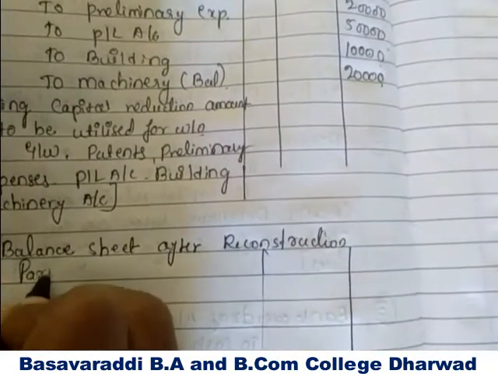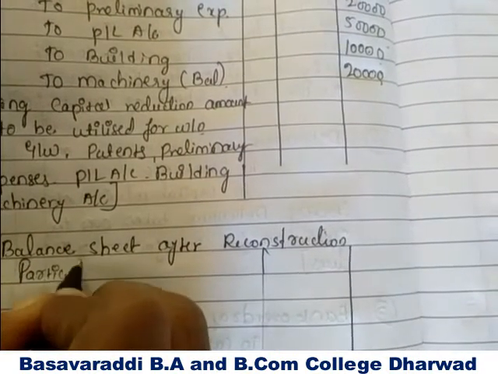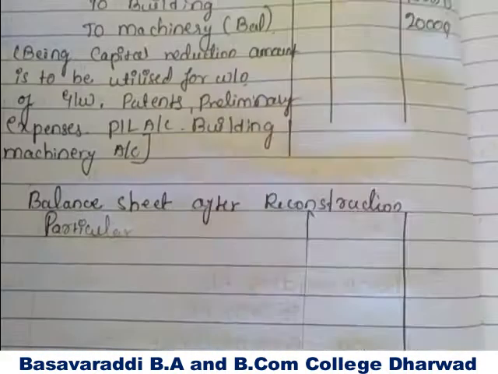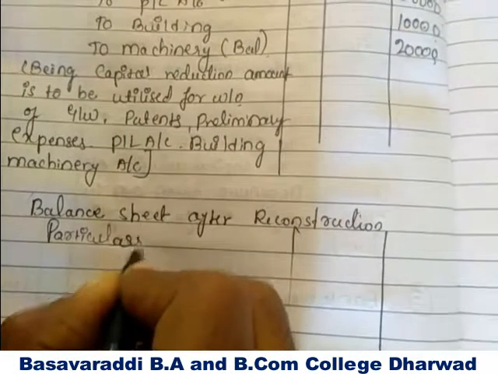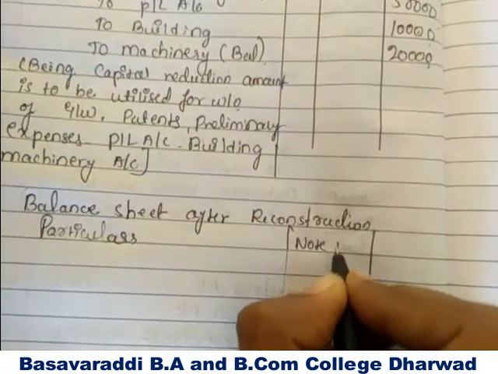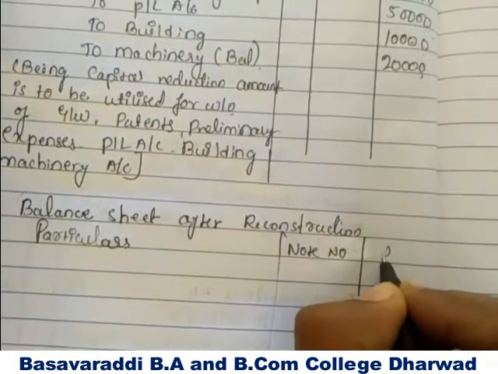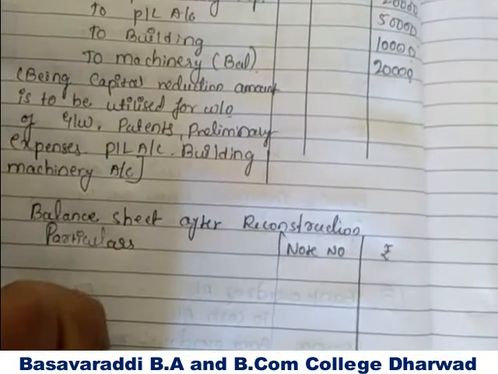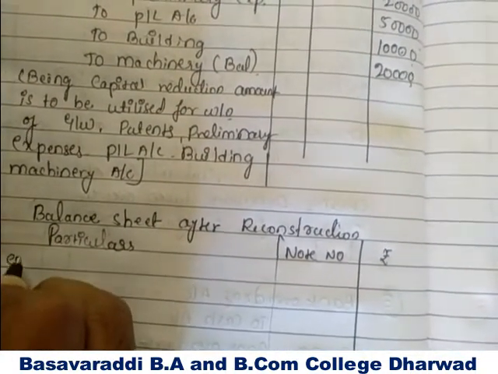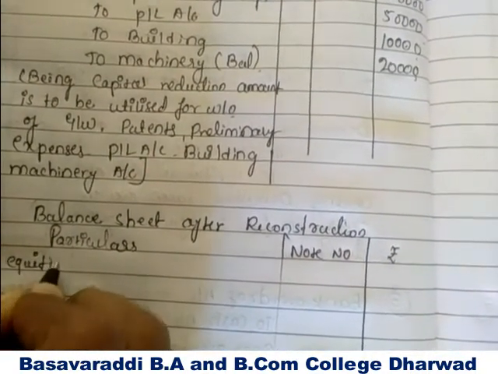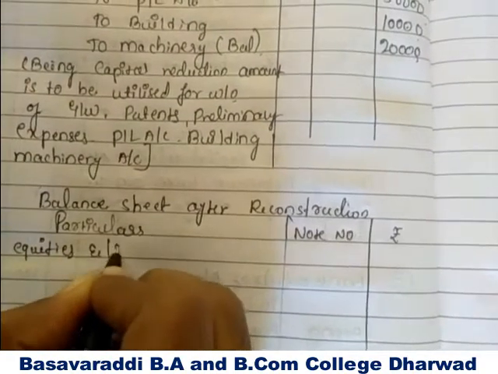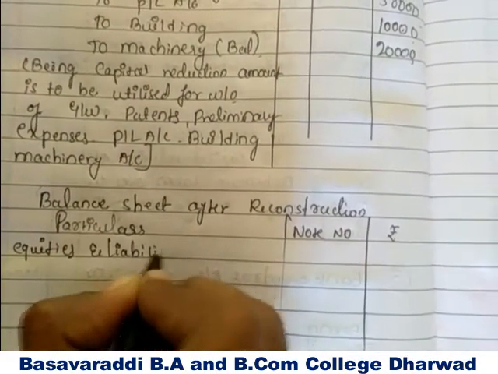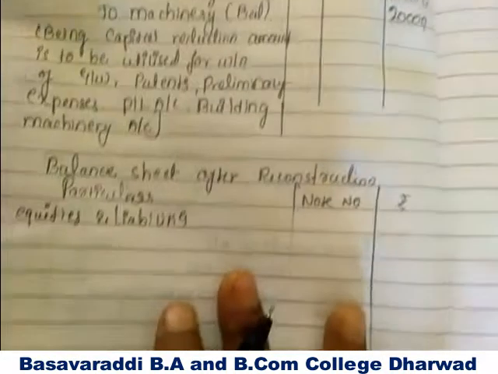Particulars, note number, rupees. In particulars, first one, equities and liabilities.